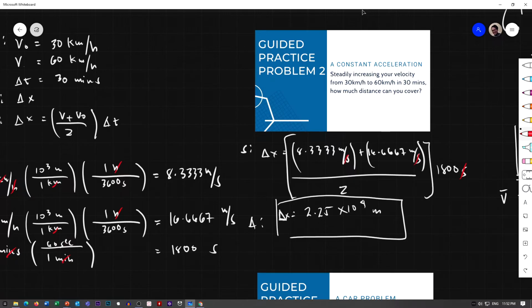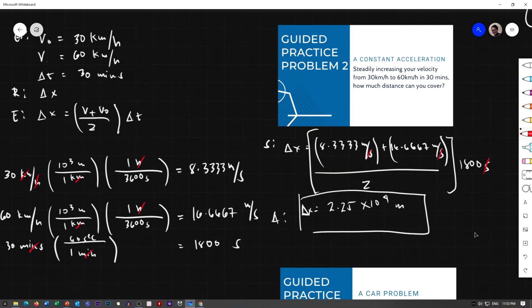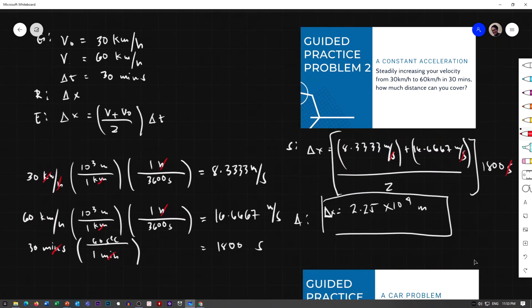So there you go. Okay, so compare it to your required. So your required is delta x. Okay. So let us proceed now on our third problem.